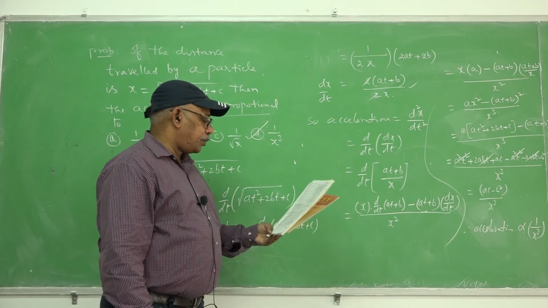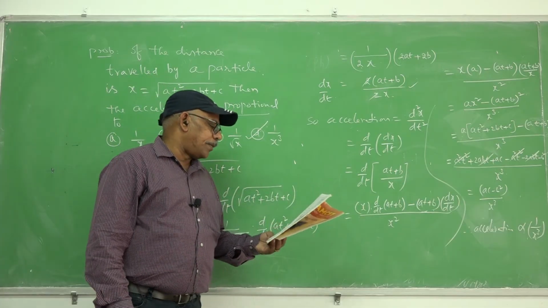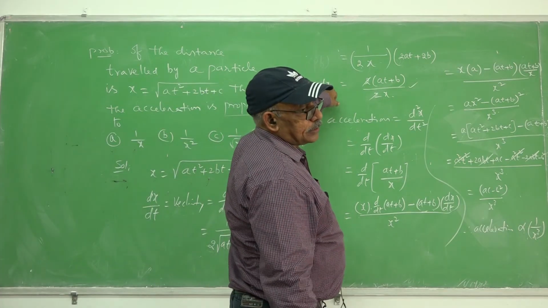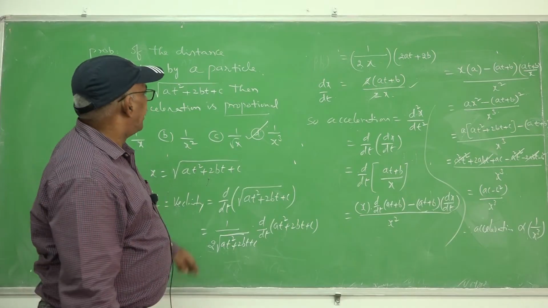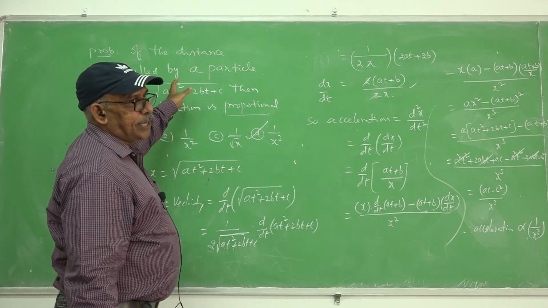The second derivative of s, the distance, with respect to time gives us the acceleration. The first derivative of the distance with respect to time gives us the velocity. Here the distance is given as a function of t.